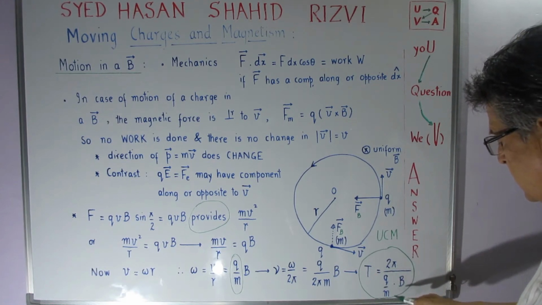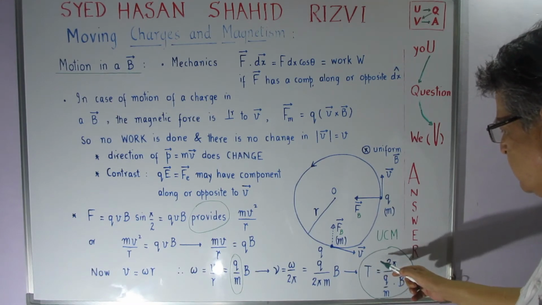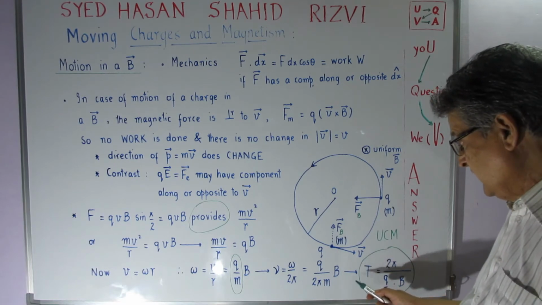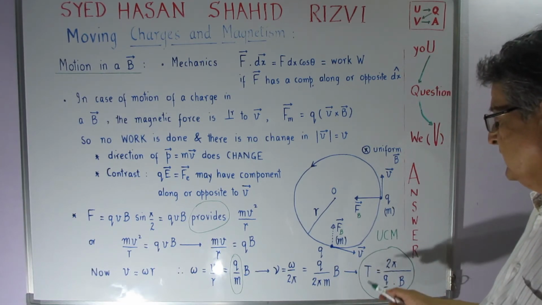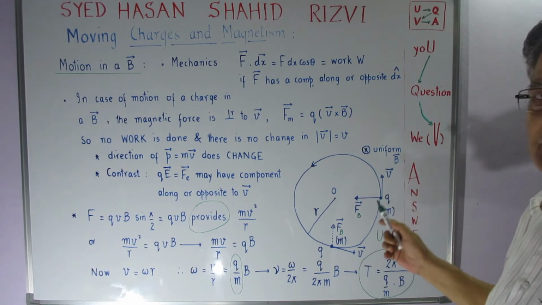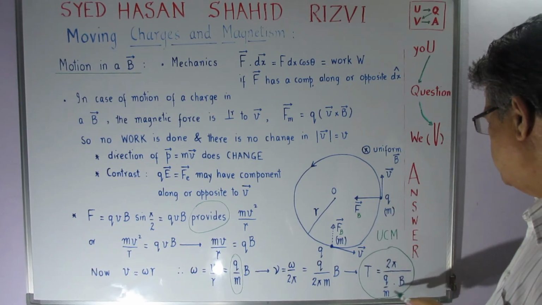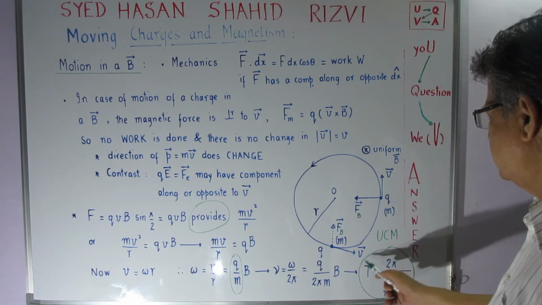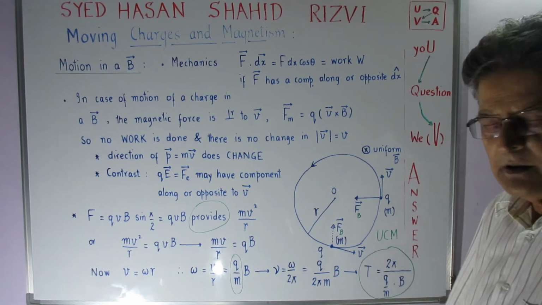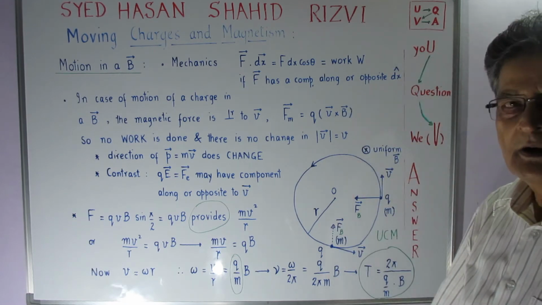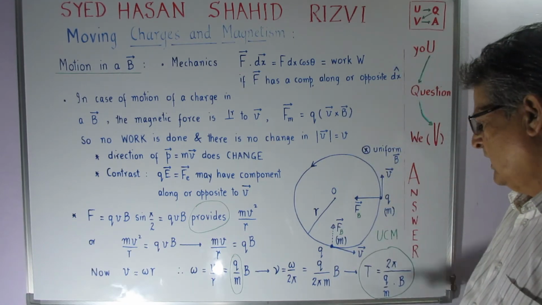Now this is a constant, and for a given magnetic field, the time period is the same. So it is independent of the radius. The magnetic field is there, the Q by m is there, and then we get the time period. If this r is more, doesn't matter, the time taken is the same.